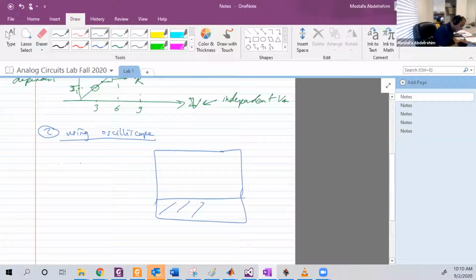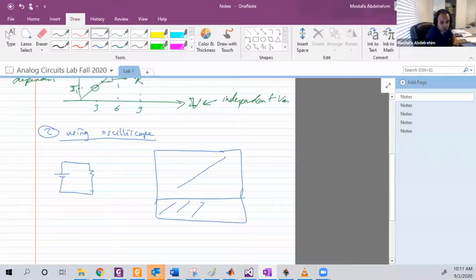If we have a resistor like this, and this is the voltage, we're going to show the relation on the screen of the oscilloscope. We're going to do the same thing for some devices that we're going to take in future lessons, for example tomorrow, something called the diode.